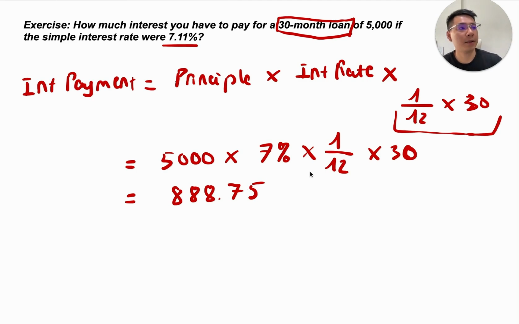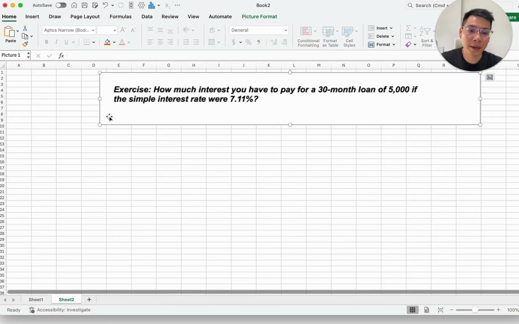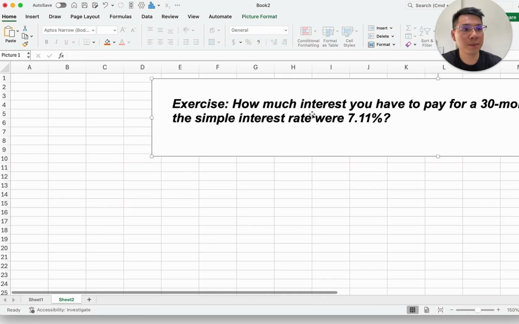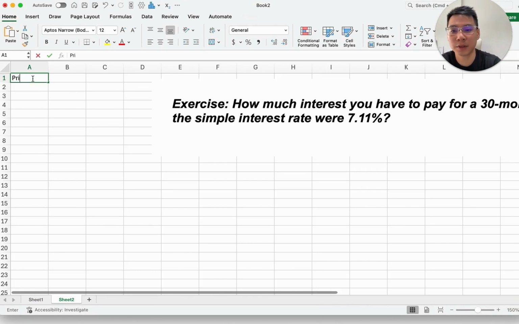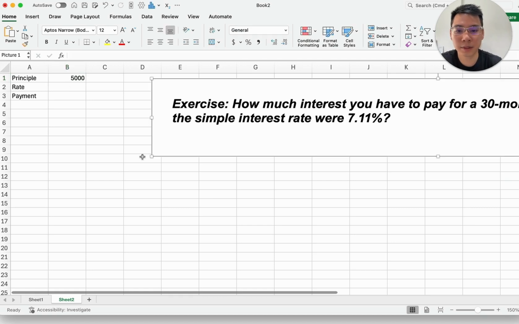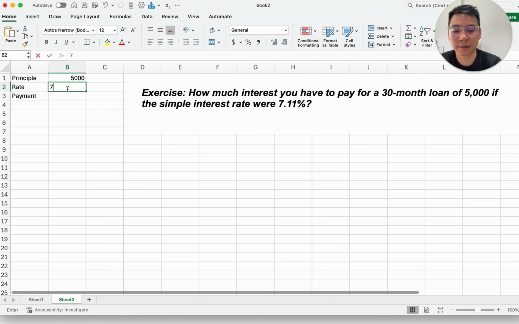Now if we put it into Excel, how are we going to design this problem? We still have the principal, the rate, and the payment. The principal is $5,000, and the rate is 7%.